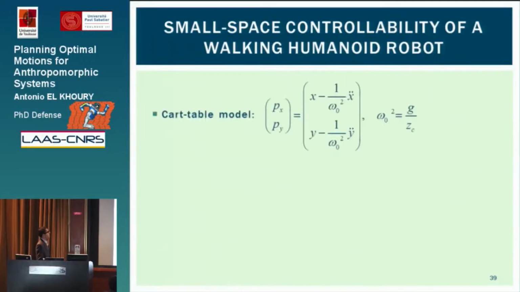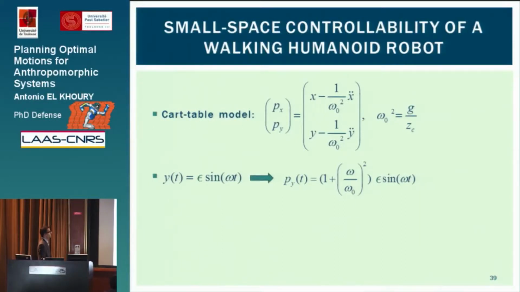Now, on the other hand, if you consider a dynamically walking robot, and if you consider the cart-table model, where we have these equations that I introduced earlier, if we set the center of mass to have a sinusoidal variation with a frequency omega and an amplitude epsilon, we can compute the ZMP as follows.